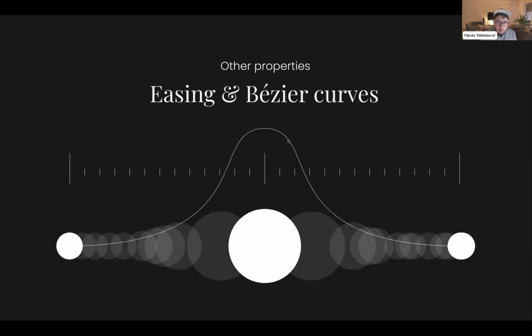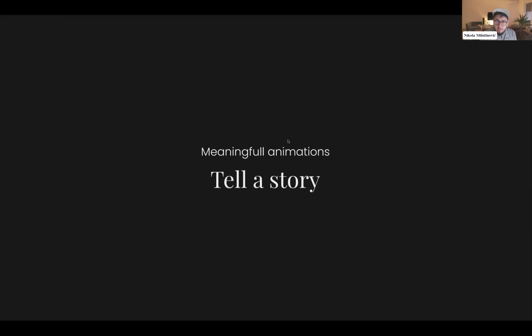So, as I said, the most important thing is meaningful animation. All of these principles need to be applied carefully, not to over-exaggerate something. If you're building something for, let's say, a law office, a legal office, you don't want to have that jiggly effect, right?